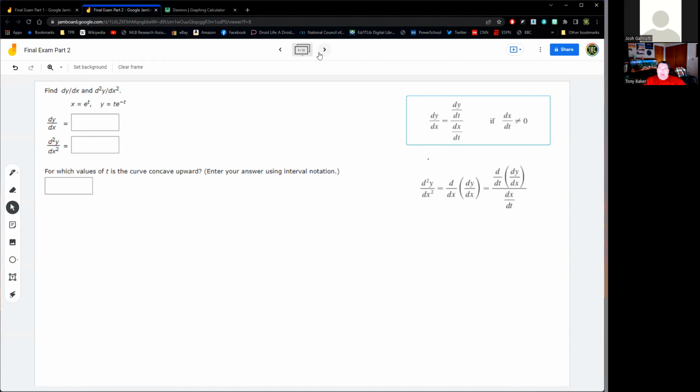There's my 2 derivative rules. And remember, concave up is where the second derivative is greater than 0.